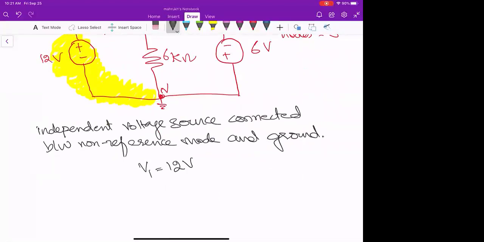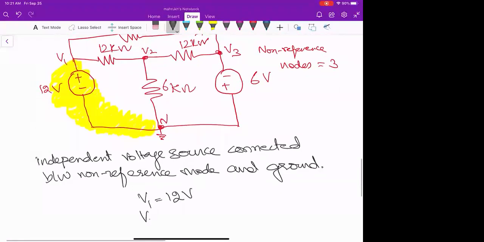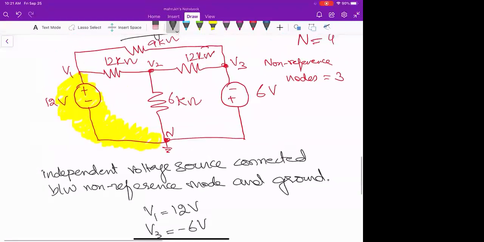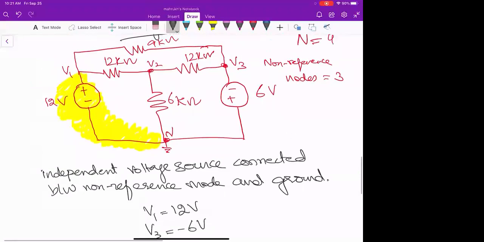But first we need to write the voltage sources we already know, right? So V3 is minus 6 volts. So now I have 2 node voltages already, right? So I think I will write the nodal current of the middle node, okay?